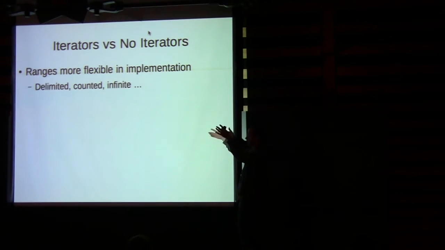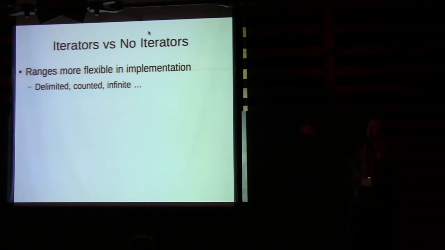Is it a kind of two positions range? Is it a counted range? Is it an infinite range? If it's a counted range, it probably has the additional ability to say, well, I have this many elements in constant time, which is a different concept that it provides, which you can dispatch to an optimized algorithm implementation.